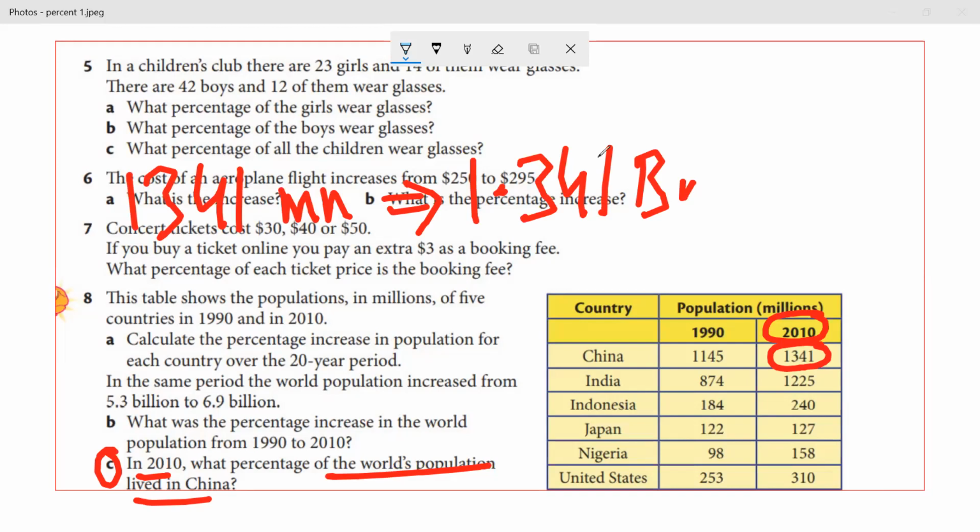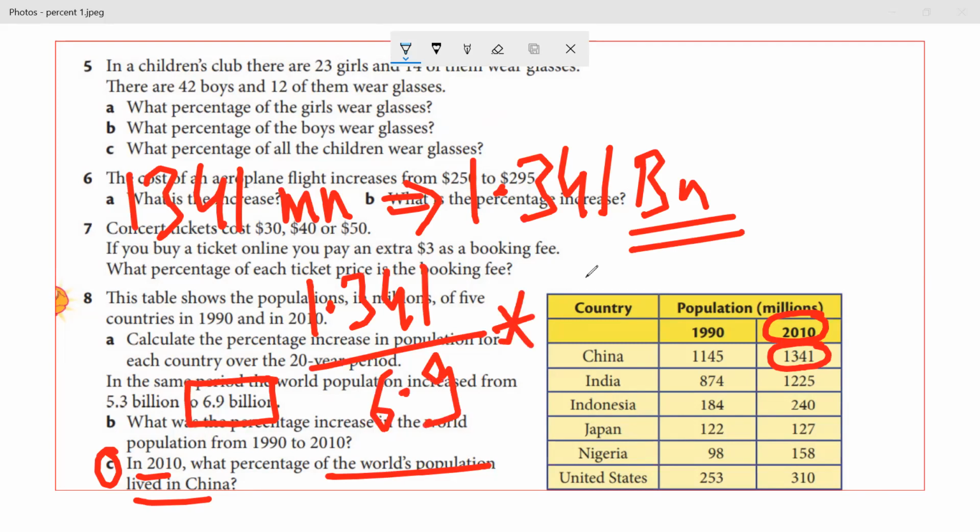Is it okay? Yes, sir. Now, in 2010, the population of the world was 6.9 billion. Have you understood? Yes, sir. The population living in China would be 1.341 upon 6.9 into 100. Have you understood or not?